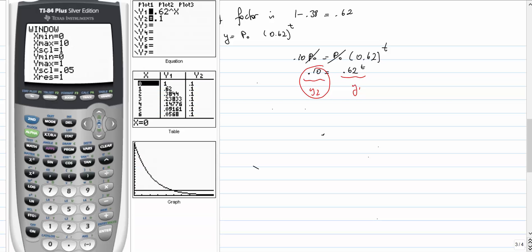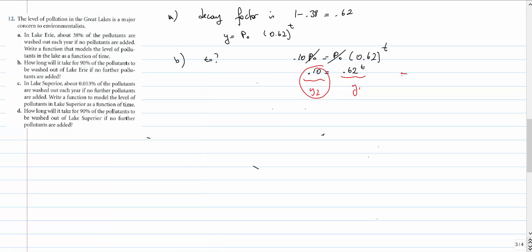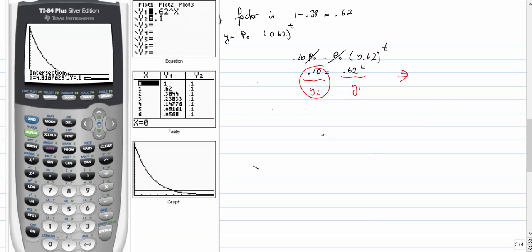If you graph, and then second calc, the intersection value, enter, enter, enter, and enter. So from here, the approximation is 4.8.